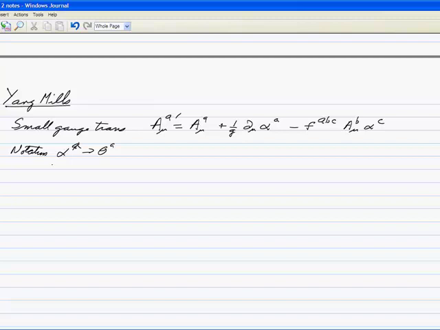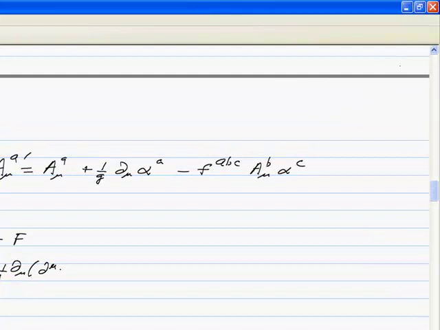So if we have a constraint F of A being something like d mu A mu minus f, then F of A of theta is d mu A mu plus 1 over g d mu theta^a, okay, minus f^abc A^b theta^c.